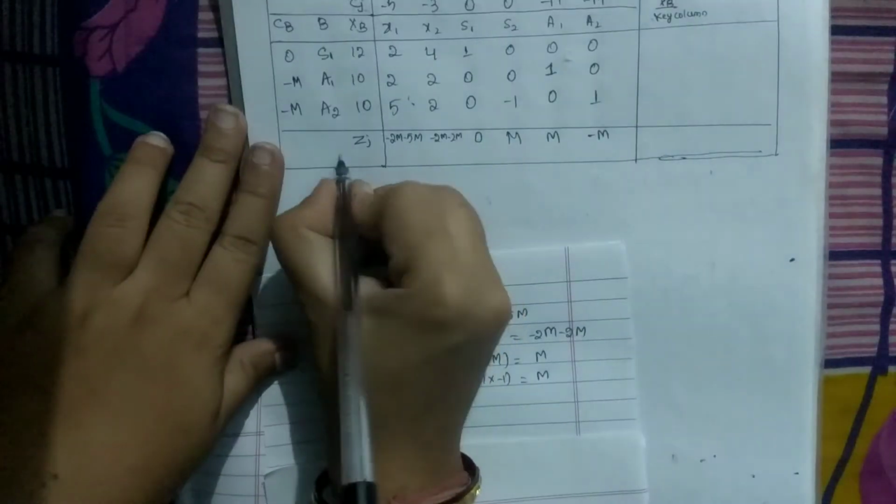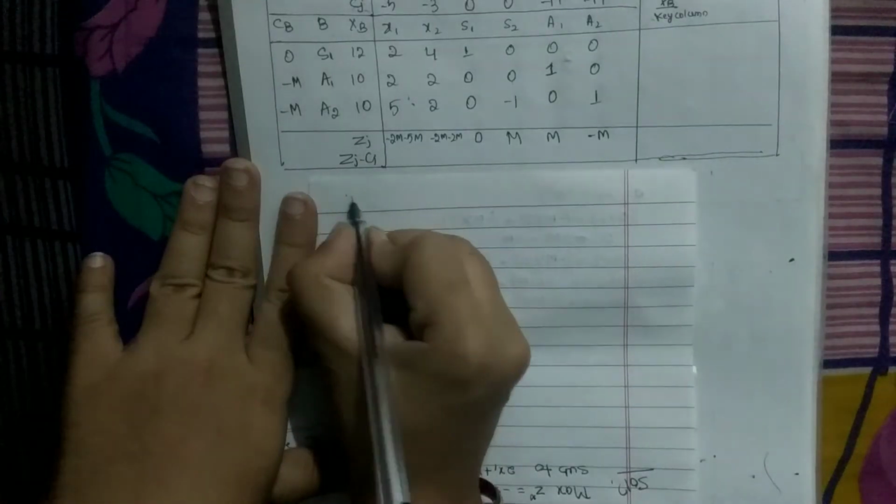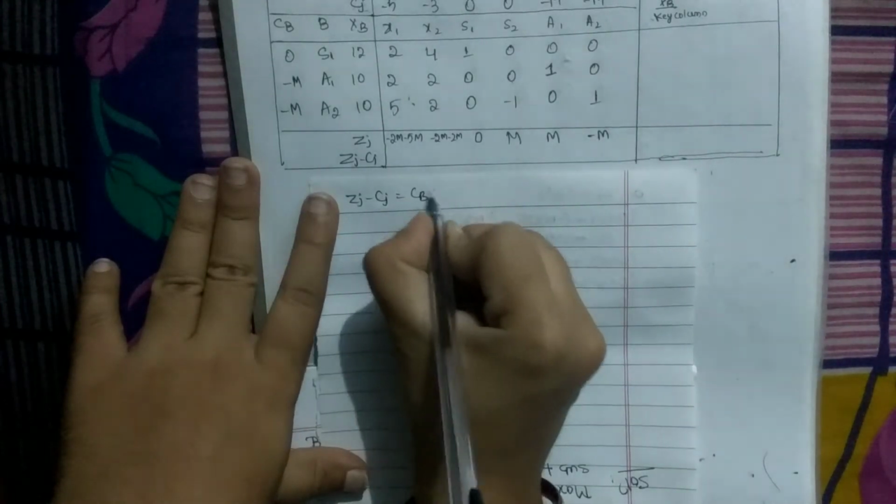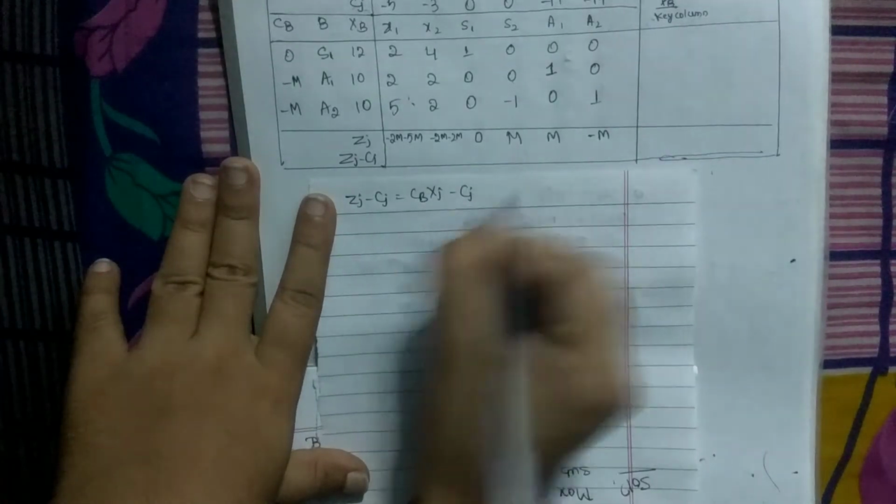Then we have to find Zj minus Cj. To find Zj minus Cj: Zj minus Cj equal to Cb into Xj minus Cj.